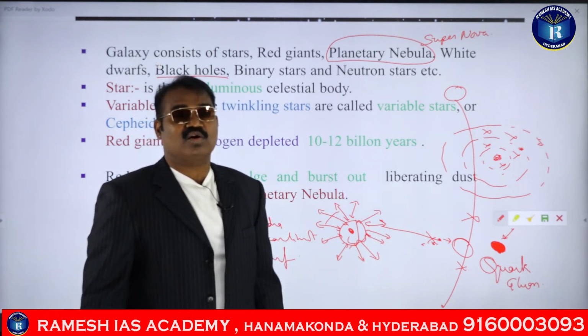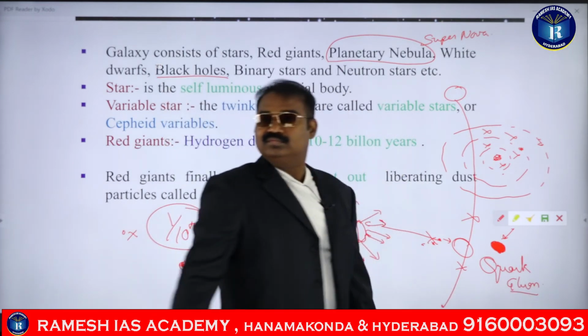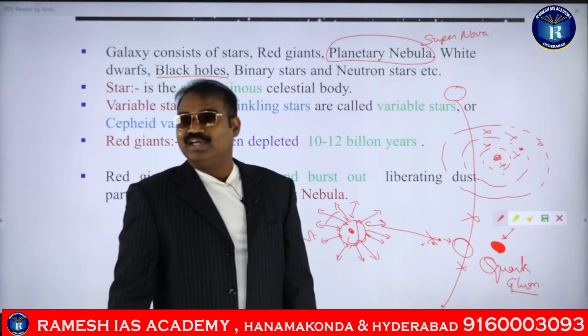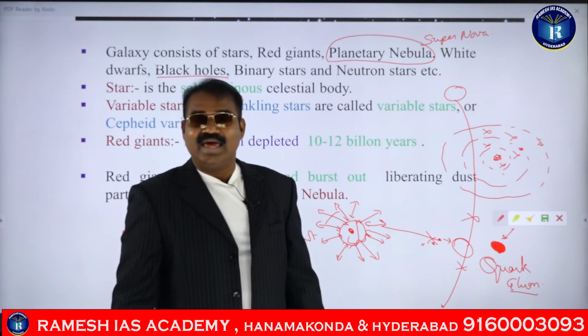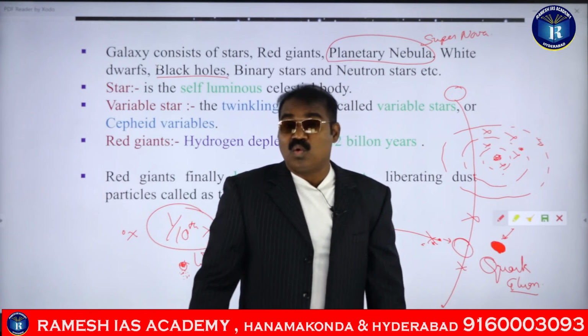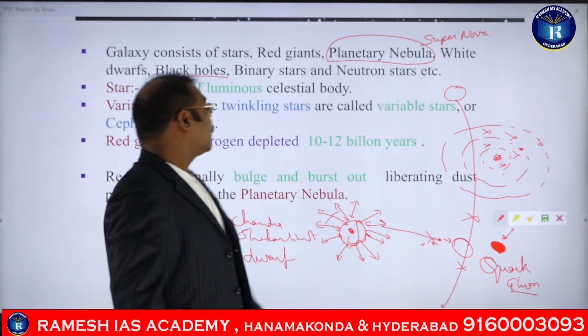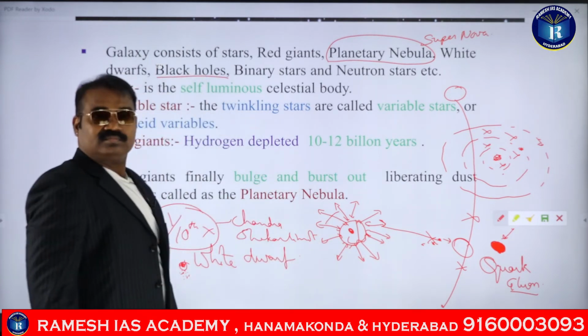They are also called quarks. All the quarks are glued together without any space. Hence the matter which is present in the black hole is called the quark gluon. Okay, guys, this is related to the black hole.